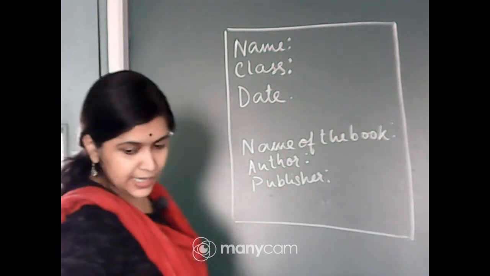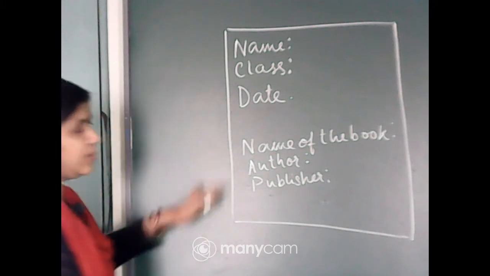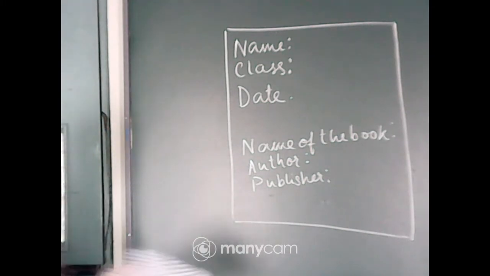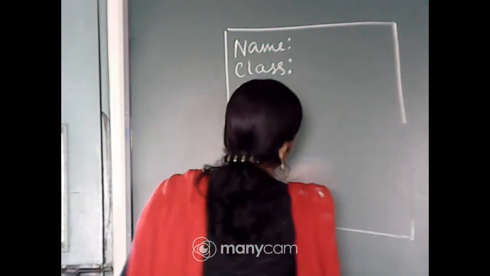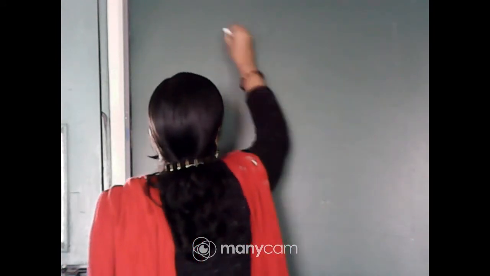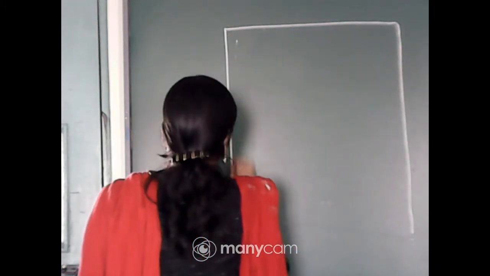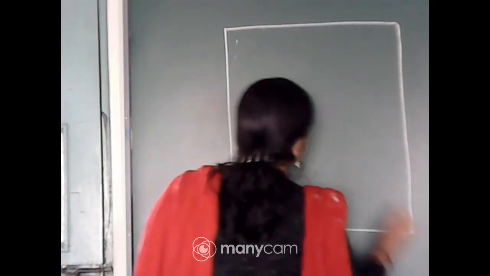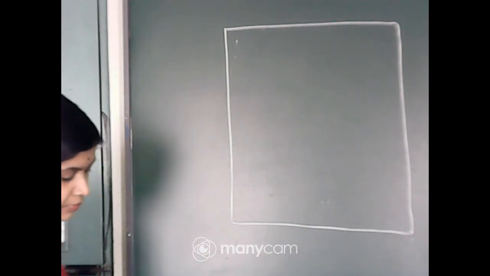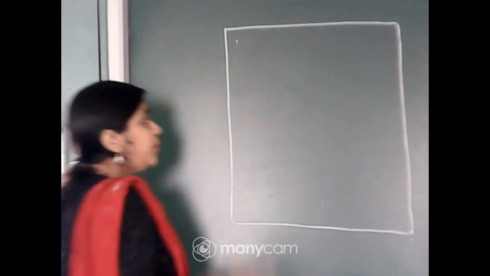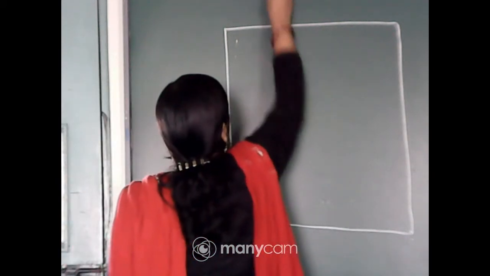Next, come to the next page. Okay, this is the first page, you will do it in this way. In the second page, okay, on top of the first page, the word book report should be written.